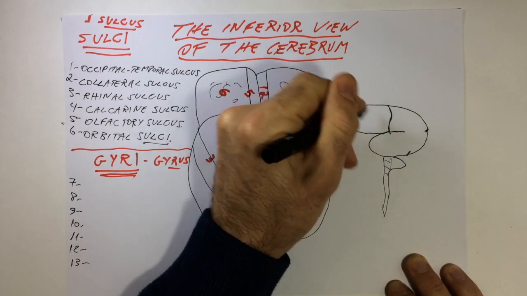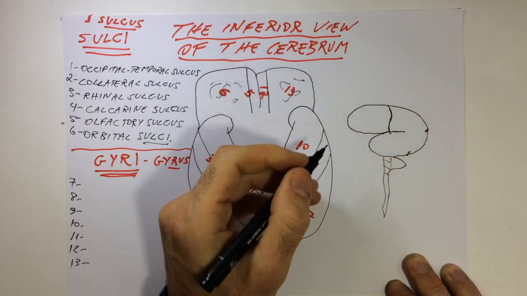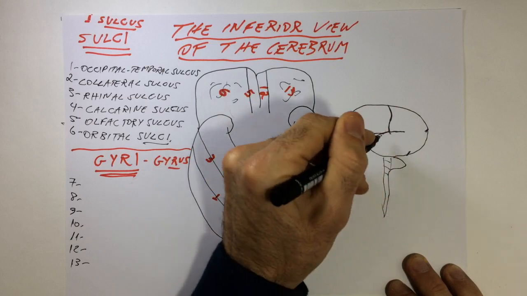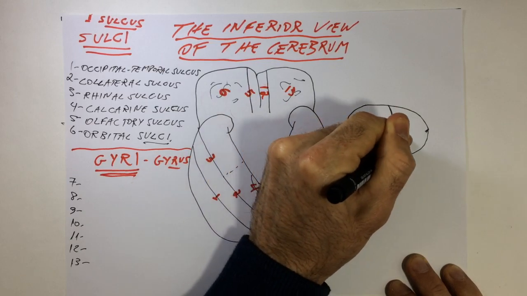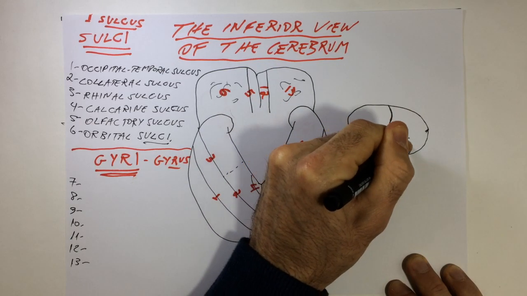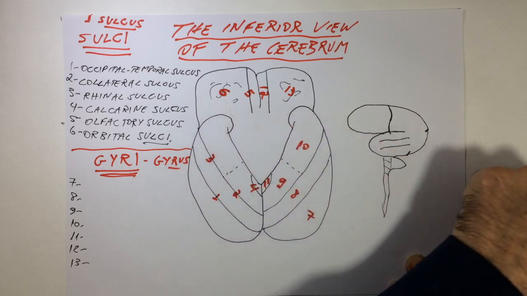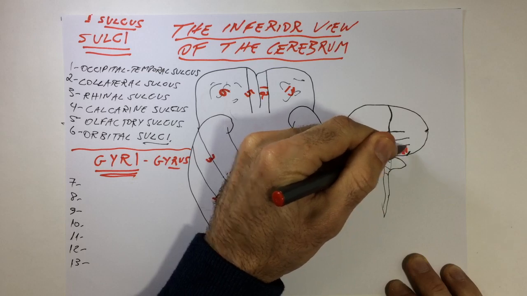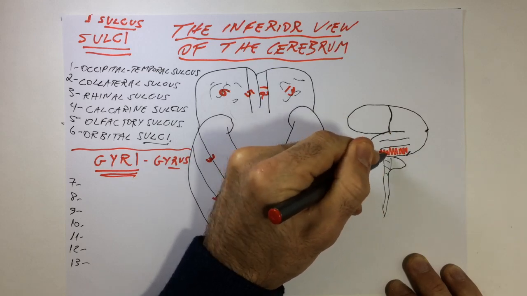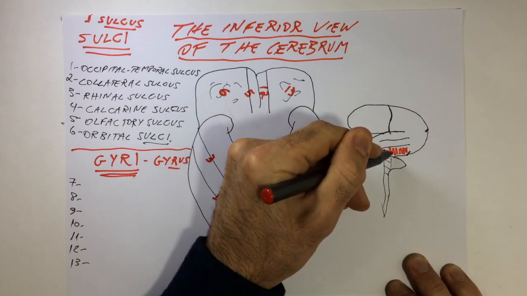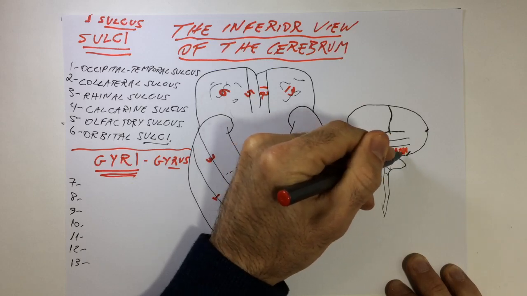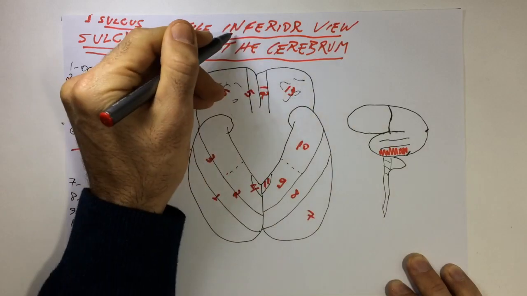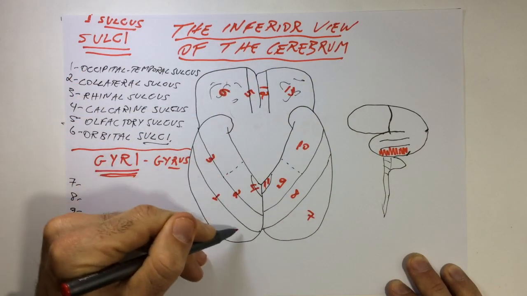And of course we have all the sulci and gyri, but I'm going to just focus on the temporal lobe here. On the temporal lobe we have the superior temporal sulcus, inferior temporal sulcus, and this gyrus here is called inferior temporal gyrus. But the thing is that this gyrus goes around the brain up to the inferior view. So it's the same here.